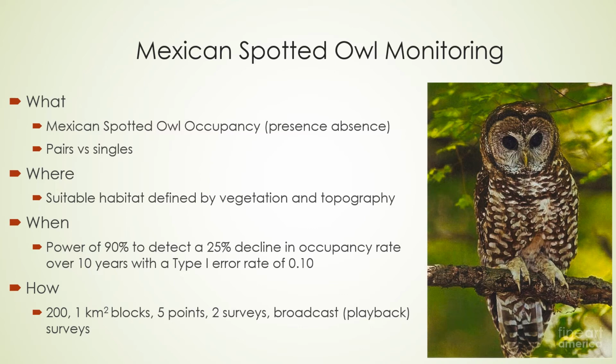The second question was where, and Mexican spotted owls have some interesting habitat associations. Unlike the northern spotted owl, where if you define the habitat in an area, the age of the forest, the species composition, and so on, you can determine whether or not it may be suitable habitat, Mexican spotted owls have a sort of dichotomous habitat selection.